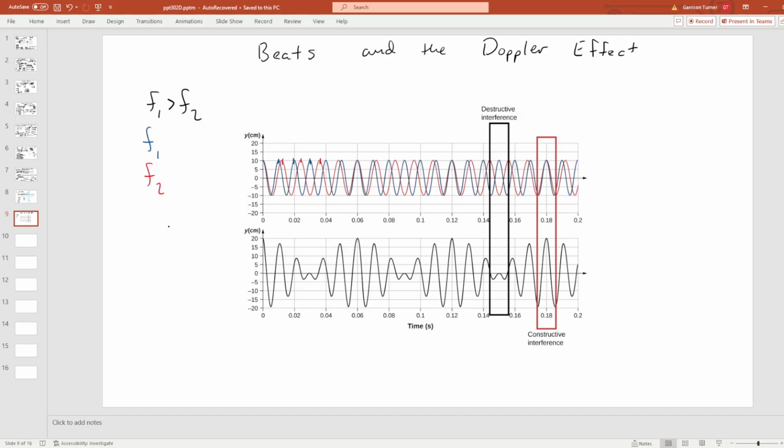But what we can see here is that in this region and in this region, the signals are almost lined up. But then as we get to this region, the signals are spread out.